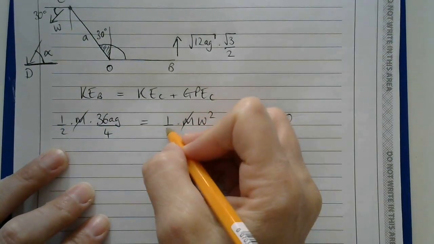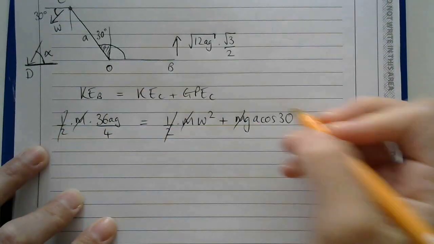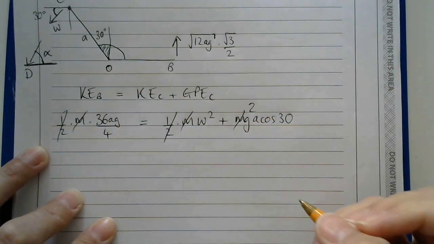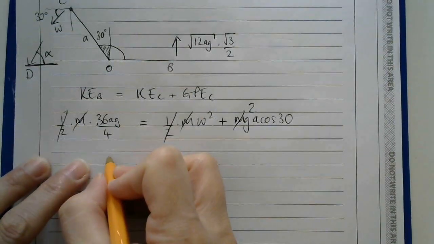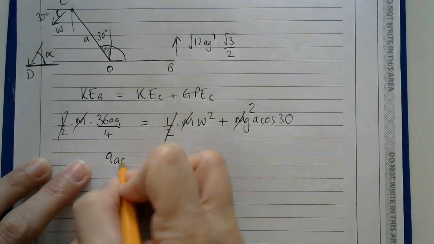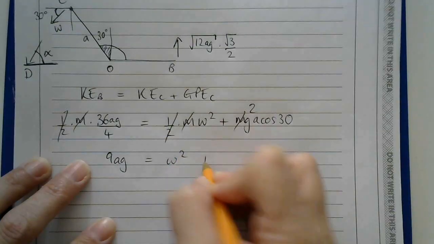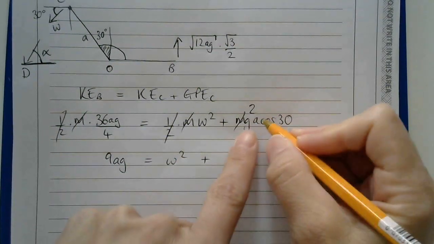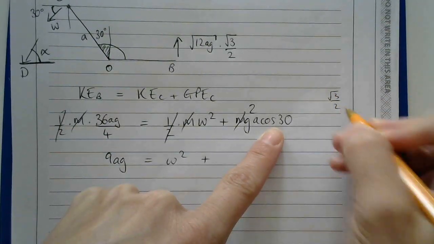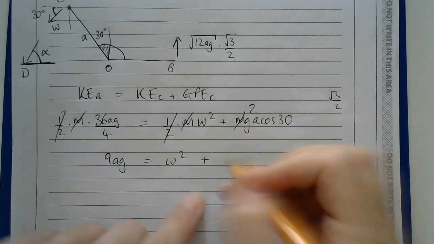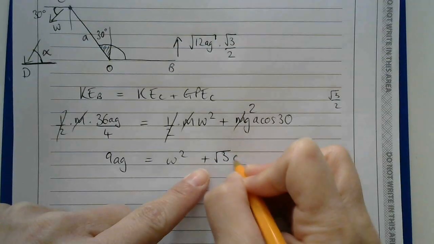I can double everything. And here I get 36 divided by 4, which is 9 Ag, equals W squared, plus here I've got 2Ga times by cos 30, which is root 3 over 2. So the 2 would cancel with a 2, so I just get root 3 Ga.